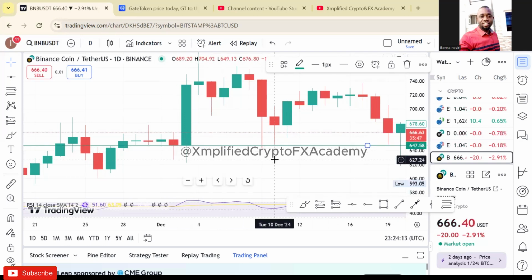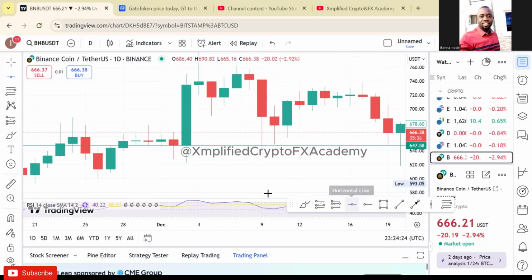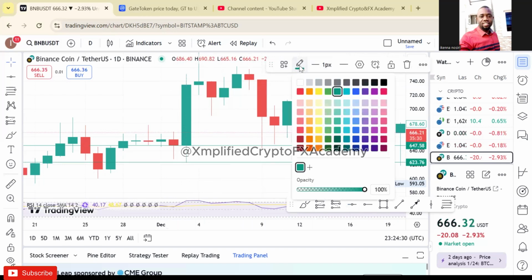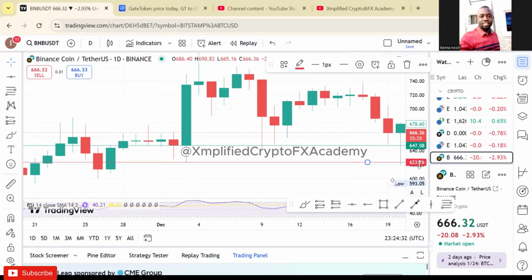When it opens at that price, there was a massive sell-off. People started selling it, and people sold to this low, 622. I'm going to use a red line for it. People sold to this point, 623.